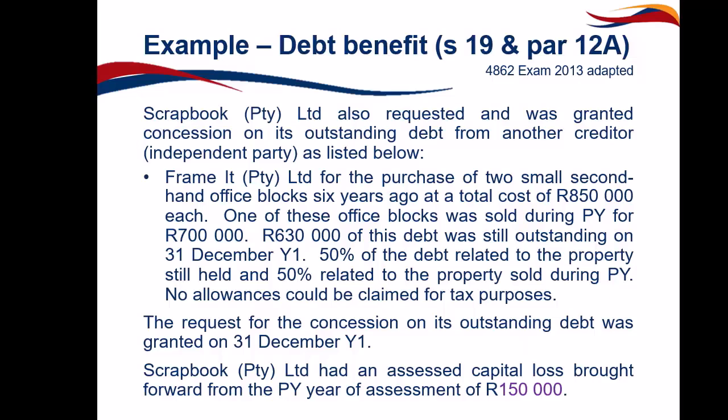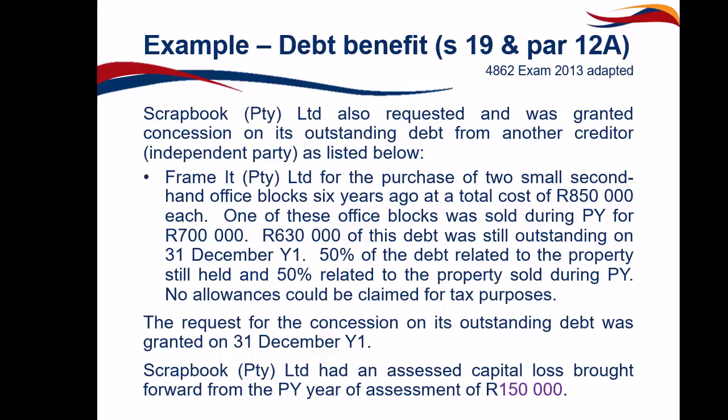One of these office blocks was sold during the previous year for 700,000. 630,000 of this debt was still outstanding at the end of the current year of assessment. 50% relates to the property that is still on hand, and 50% relates to the property that was sold in the previous year. The request for the debt concession was granted on 31 December of the current year. Scrapbook Limited had an assessed capital loss brought forward from the previous year of assessment of 150,000.